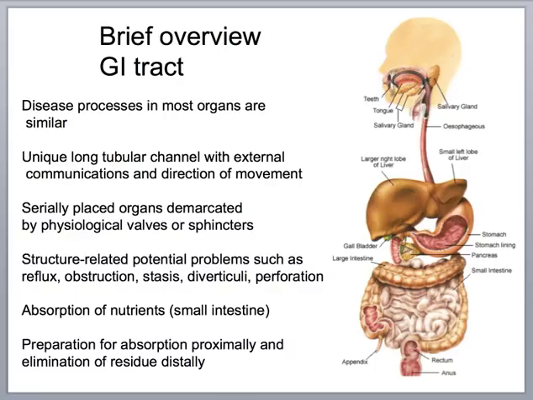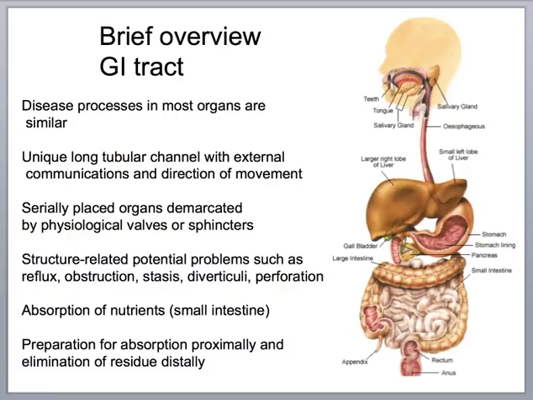The GI tract is a serial placement of organs, which are typically demarcated by functional or sometimes physiological valves or sphincters that control the flow of the food bolus and then fecal stream through the gastrointestinal tract, and also pancreatic and liver secretions as those flow into the gastrointestinal tract.